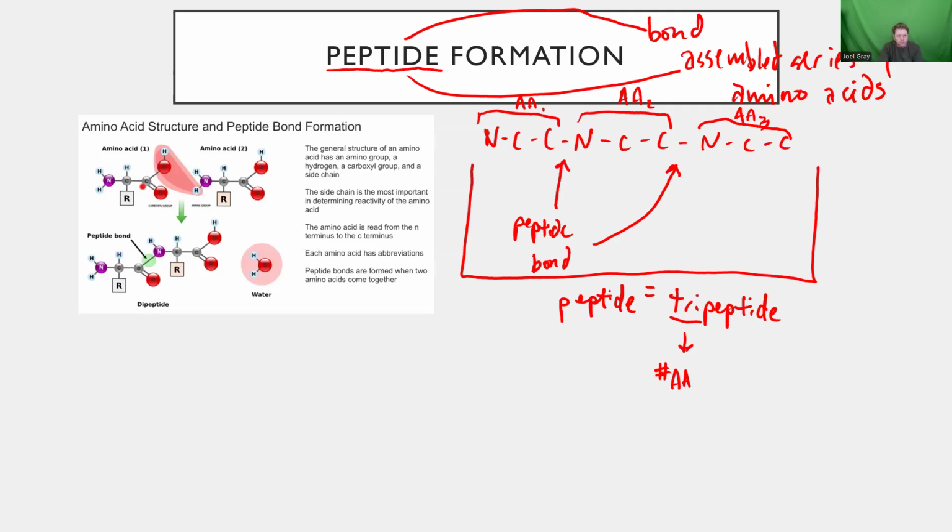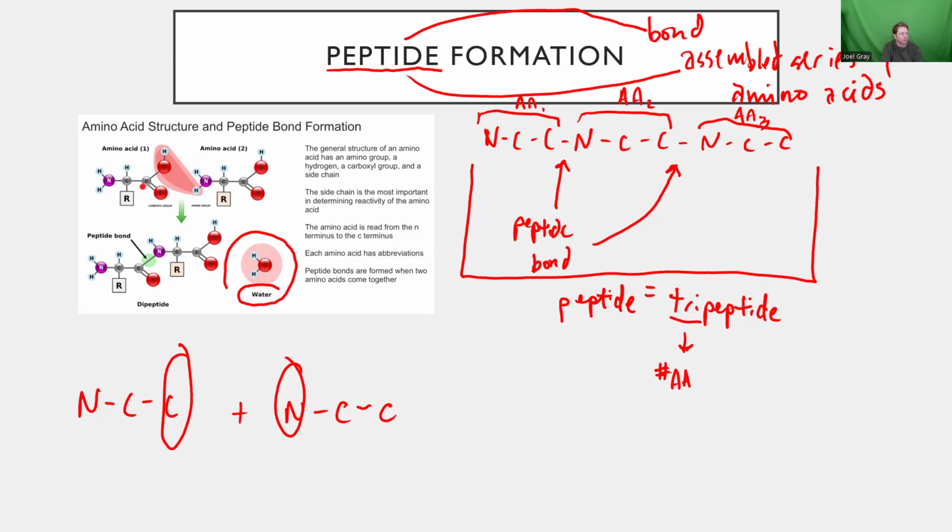Now, when it comes to the formation of a peptide bond, when you think about the NCC plus NCC, the C and the N of 2 amino acids will react, and they will produce water, and they will also make our peptide bond.